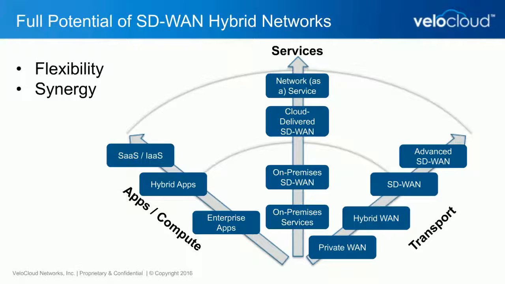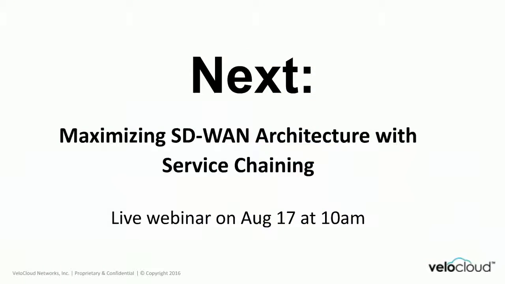And even if your network only has enterprise apps today, you can still get benefit from the hybrid WAN transport. So this is a great deployment and the summary for where we challenge everyone, from enterprises and service providers, to get to a full hybrid network vision by deploying advanced SD-WAN solutions and services.